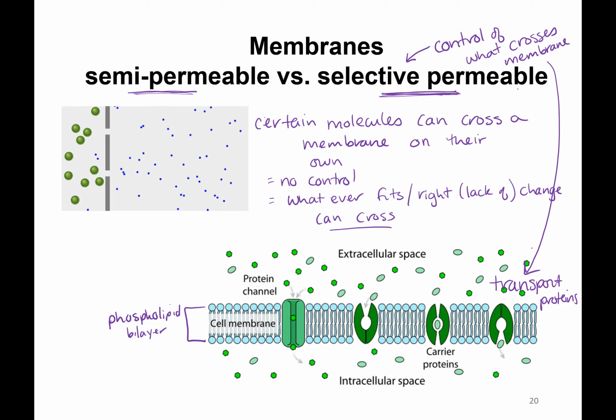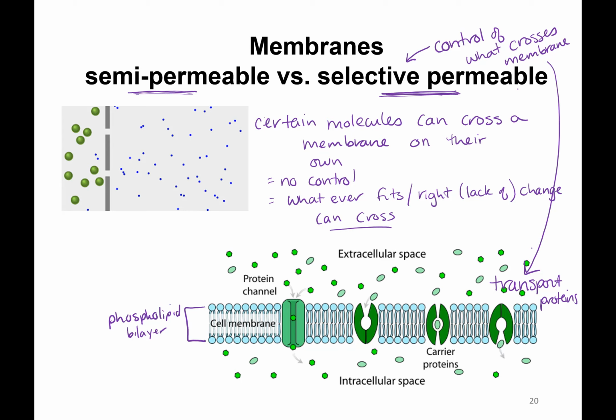Okay, so we've talked about bonds and how molecules are formed, the different kinds of bonds and how they are important in biology. We've talked about molecules that have both polar and nonpolar components, which make them amphipathic, which led us to membranes and the definition of semi-permeable and selective permeable.